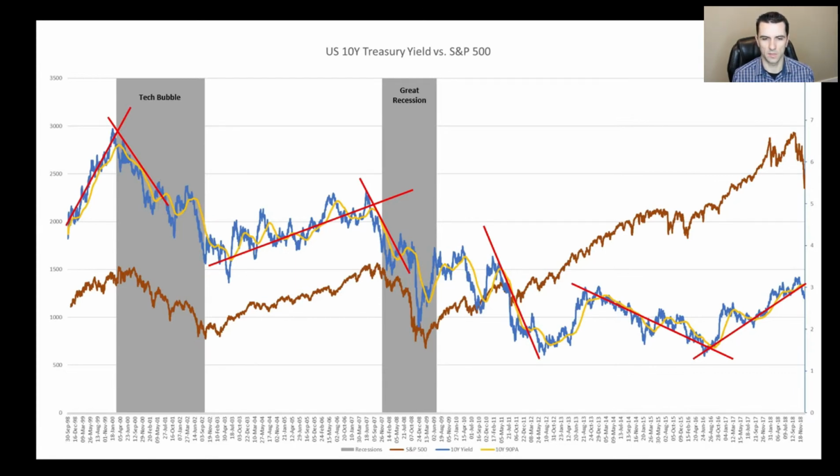Those sharp decreases can indicate that people are fleeing to safety by buying longer duration bonds like the 10-year Treasury, indicating that there may be fears that the economy is not suited for risky investments at that point in time.